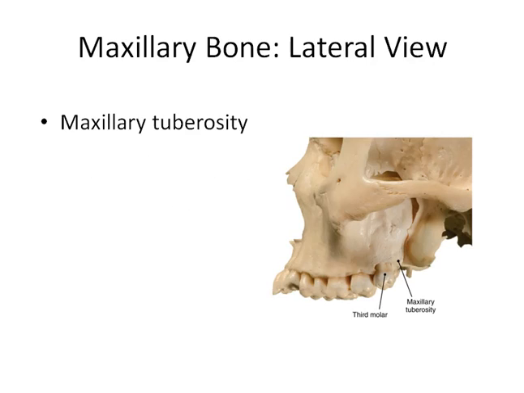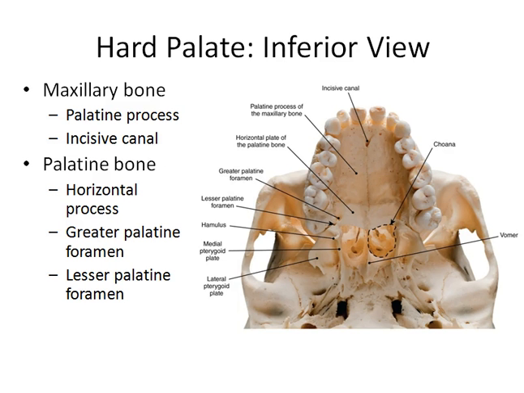This is the lateral view of the maxillary bone found on page 38 of your textbook, showing the maxillary tuberosity. This image on page 37 of your text shows an inferior view of the hard palate.